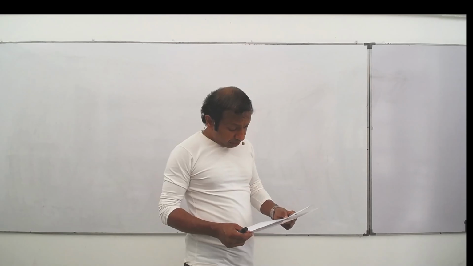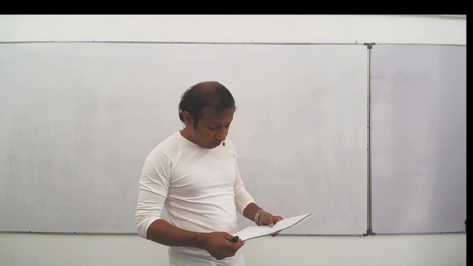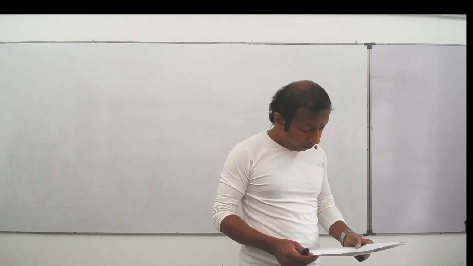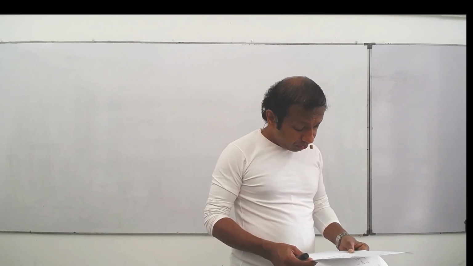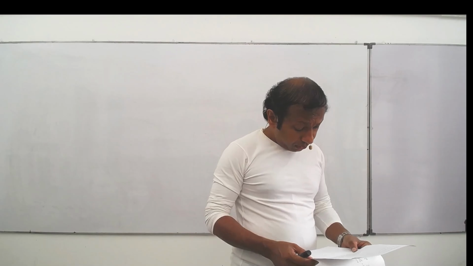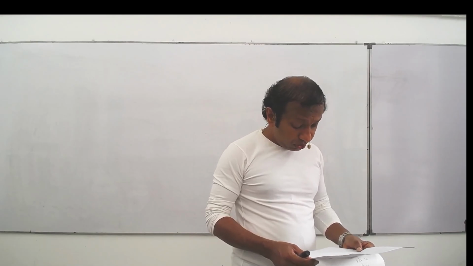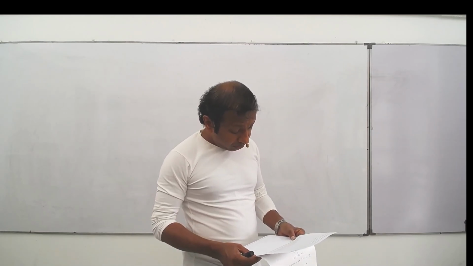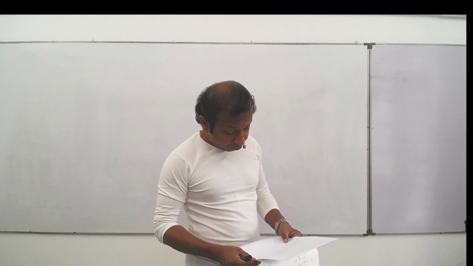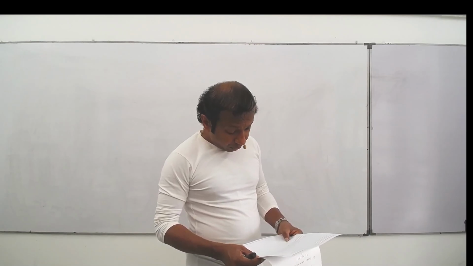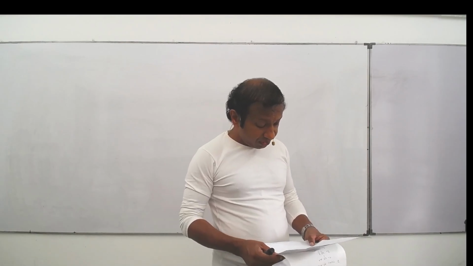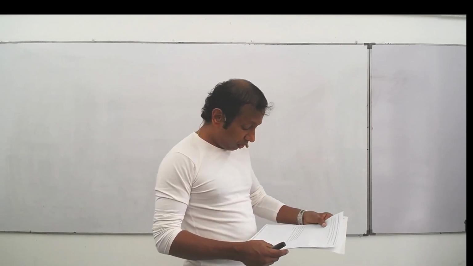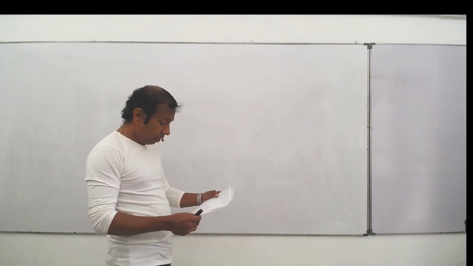One end of a light inextensible string of length 4A is attached to the point C on the rod such that AC is 3A, and the other end is attached to a fixed point D vertically above A such that AD is 5A. And the length of the string is 4A. The rod is in equilibrium. Show that the tension of the string is this much. Also find the horizontal component of the reaction at A, right?